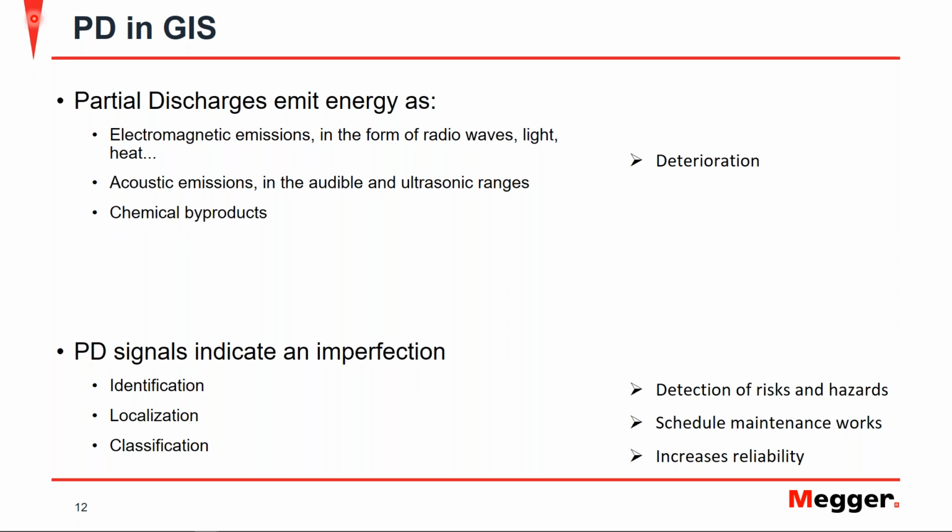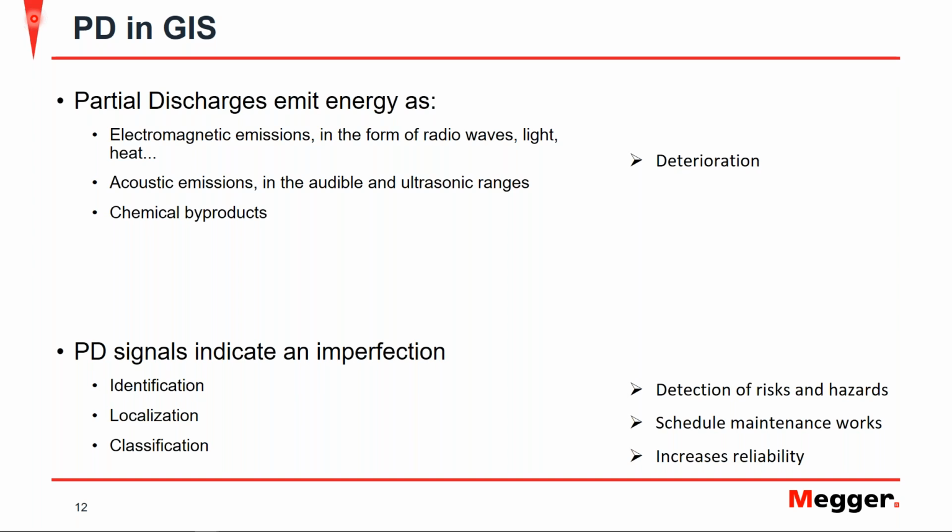And then also we have the chemical byproducts. Partial discharge is known to produce ozone, and ozone is a very corrosive byproduct. This is a problem in GIS because there are separate gas chambers that are isolated, and if you have a partial discharge event that creates ozone, which is corrosive, it could lead to damage within that gas chamber.